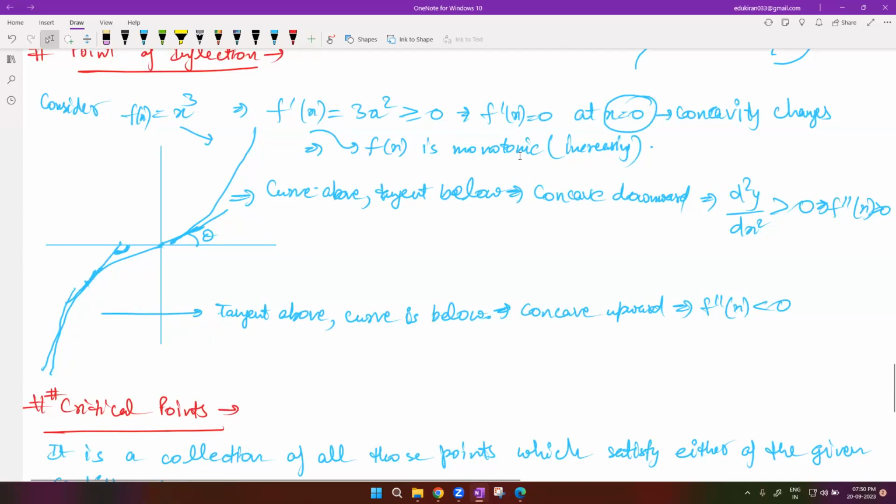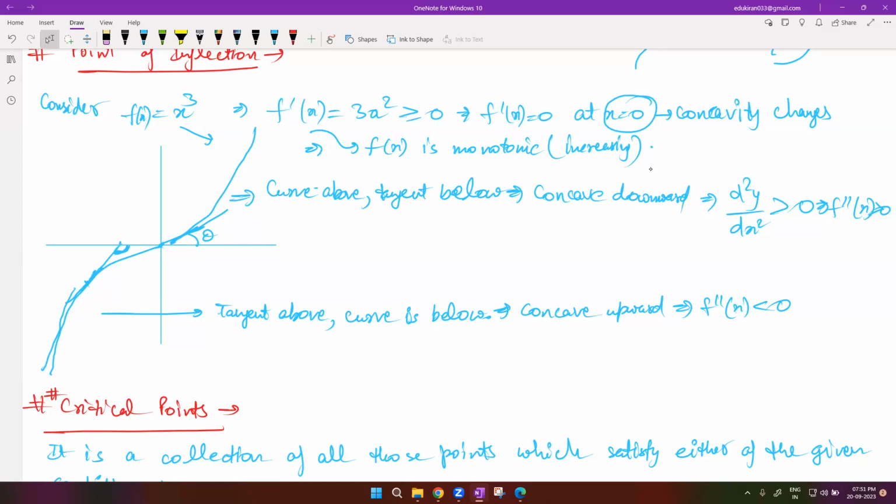So what is concavity? Concavity means if you draw the graph and if you draw a tangent on the graph, then where does that tangent lie? Whether your curve lies above or below the tangent. If your curve is lying above the tangent, you say the curve is concave downward.